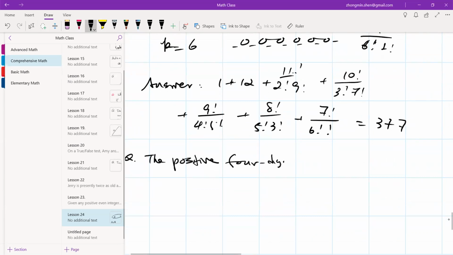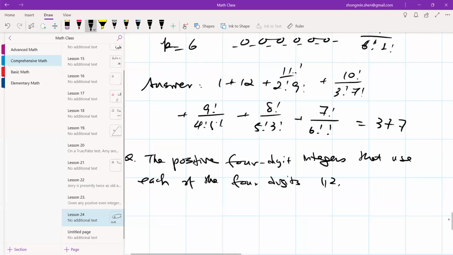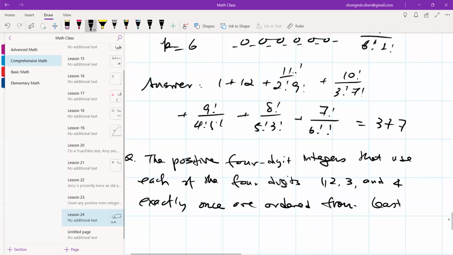The positive 4-digit integers that use each of the 4 digits 1, 2, 3, and 4 exactly once are ordered from least to greatest.